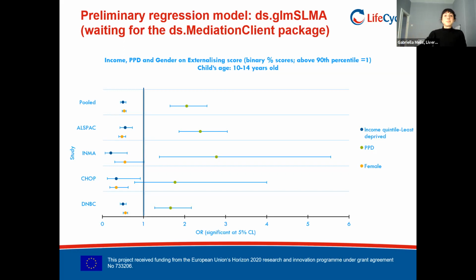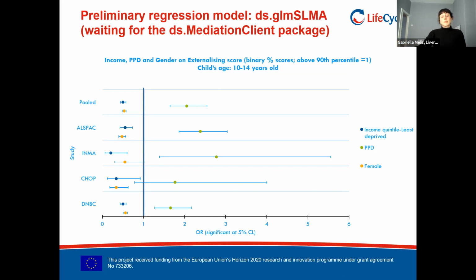As expected, in terms of summary of the results for this graph, we can see a clear protective effect of being born in a family which belongs to the least deprived income quintiles, and the relationship is valid for other quintiles as well when compared to the most deprived quintile, across cohorts, on the presence of externalizing problems, borderline externalizing problems in childhood.